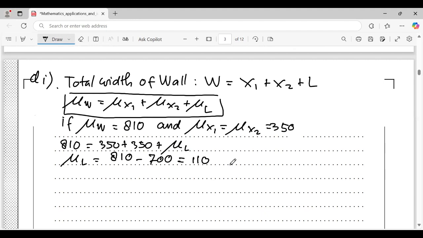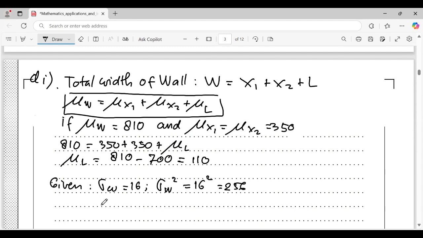Then the next information: the standard deviation, sigma W, is 16, so the variance of W is 16 squared, which is 256.